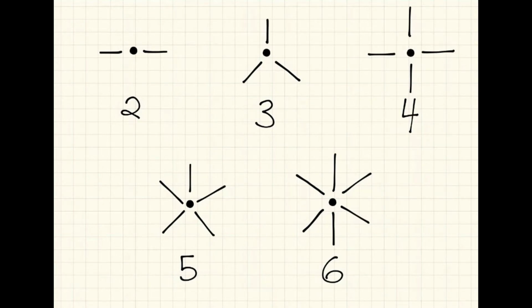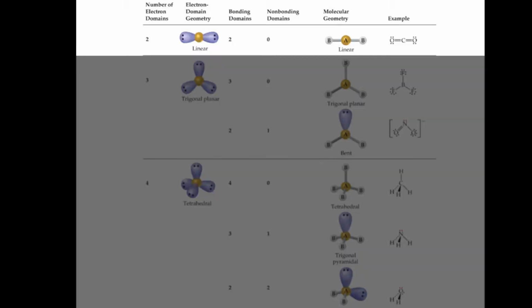And the good news is that we only generally need to consider about 5 different options for what to expect. Central atoms generally have anywhere between 2 and 6 electron domains distributed around them. So we'll just need to spend a little bit of time with each of these options to understand the different outcomes. For atoms with 2 electron domains, we can fairly easily imagine how they would be distributed.